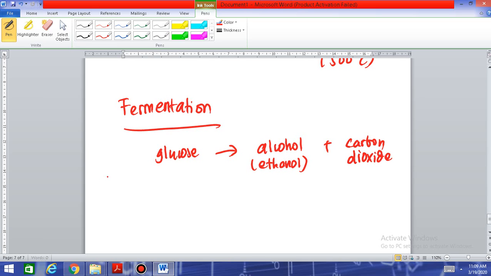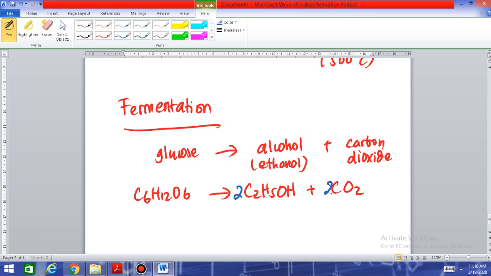The molecular formula of glucose is C6H12O6, and the molecular formula of ethanol is C2H5OH, and carbon dioxide. It's not balanced yet, you have to balance it first.